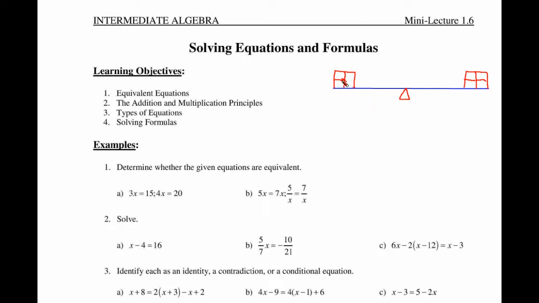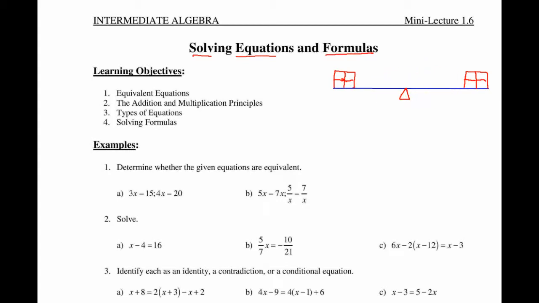So what we're starting here is topic 6 now of chapter 1. We're going to solve equations and later formulas. I've set up here a little balance in which we have something on one side and the same amount on the other side, and it's balanced.